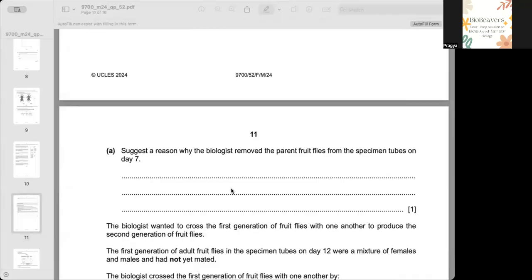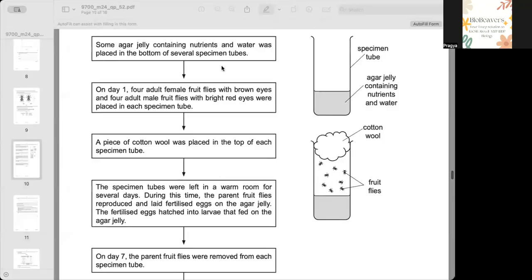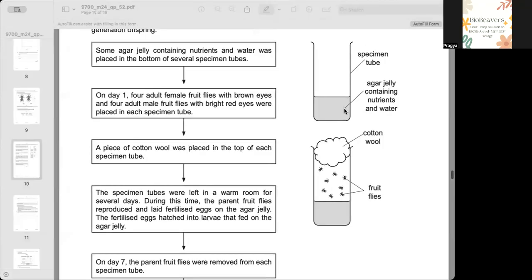So the first question which comes in here is, suggest a reason why the biologists removed the parent fruit flies from the specimen tubes on day 7. Okay. So first we put the parent fruit flies in; try and understand this experiment. After they had given birth to the progeny, or the younger ones, we remove them.